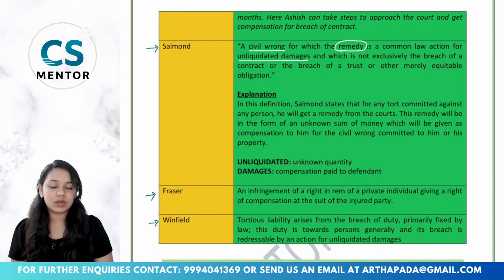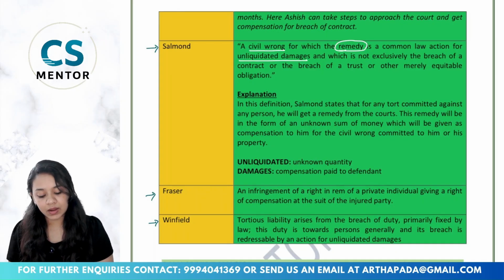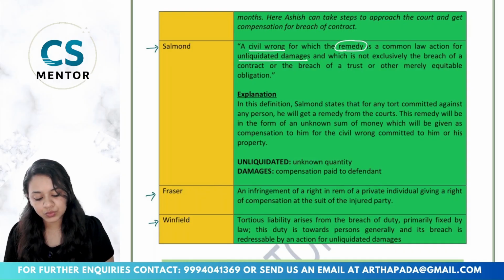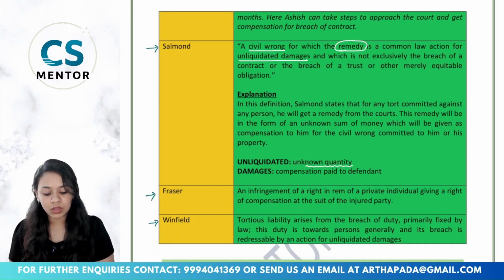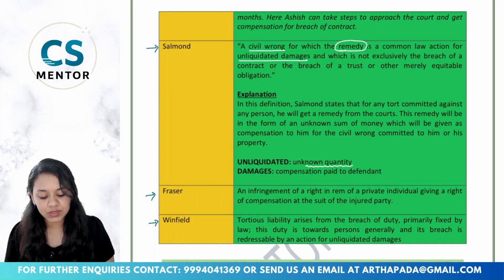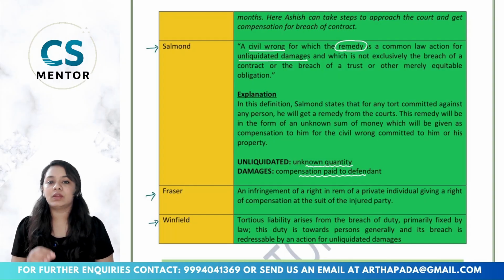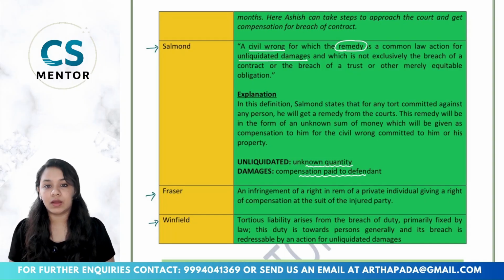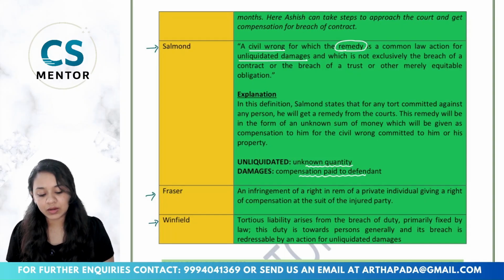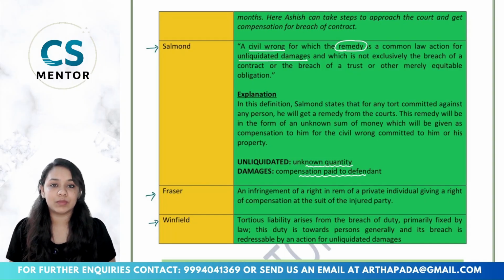What do you mean by unliquidated damages? Unliquidated simply refers to an unknown quantity, an unknown sum, and damages refers to some form of monetary compensation paid to the defendant. So the main common law remedy under law of torts is actually unliquidated damages.